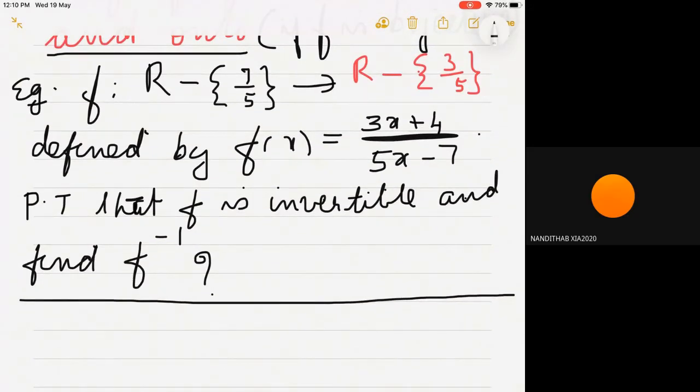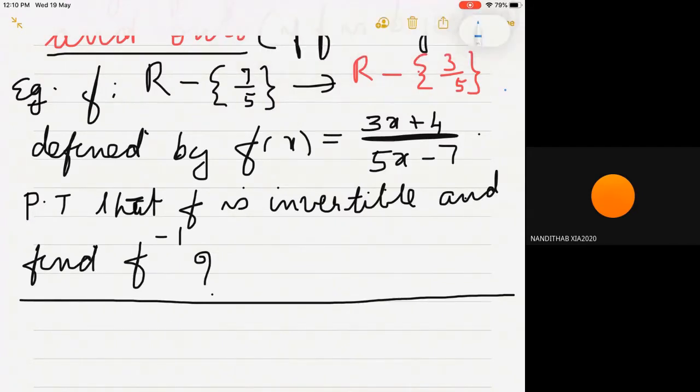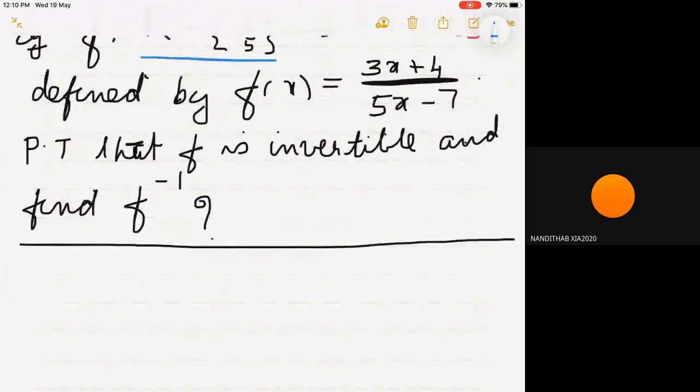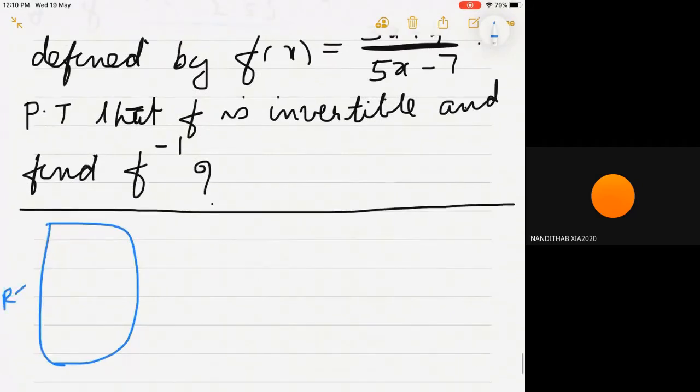that is which set? It is R minus {7/5}. So here we have the domain. The domain of the function is R minus 7 by 5, meaning the set of all the real numbers except 7 by 5. So 7 by 5 is removed from here, and this is your real numbers.